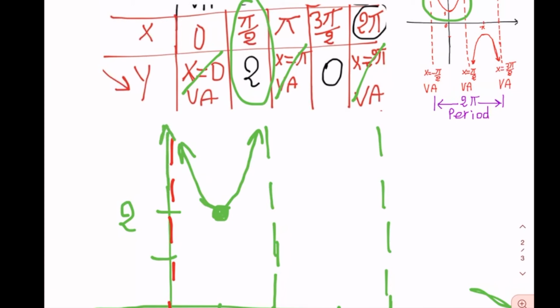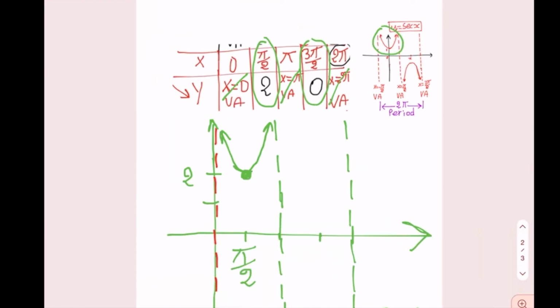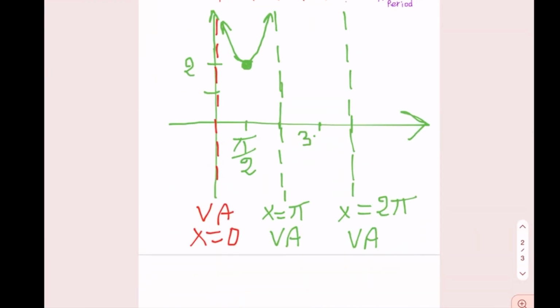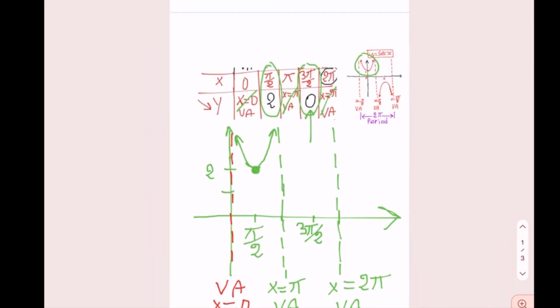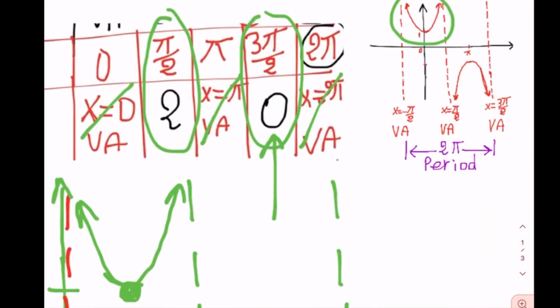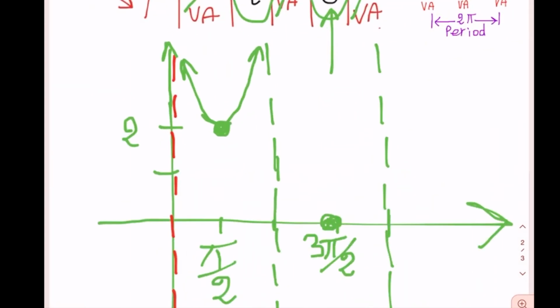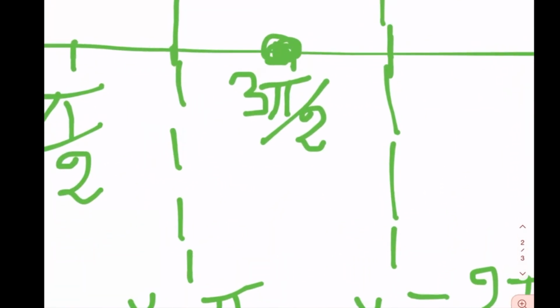We put the intermediate point at 3 pi over 2, with y equals 0. Make sure it's halfway between pi and 2 pi. Just copy the graph of your secant for this part, and you get your graph. That's it, and you're done.